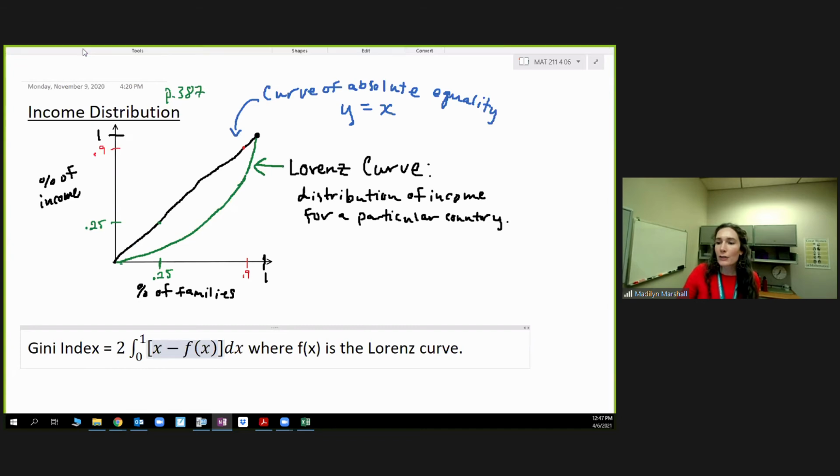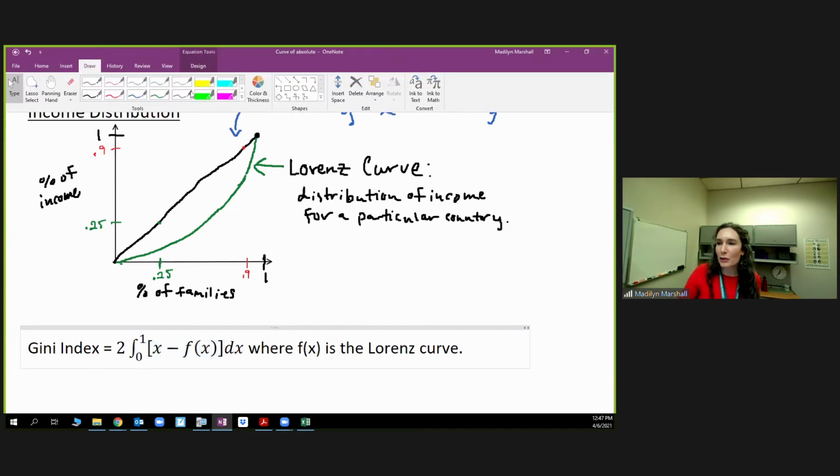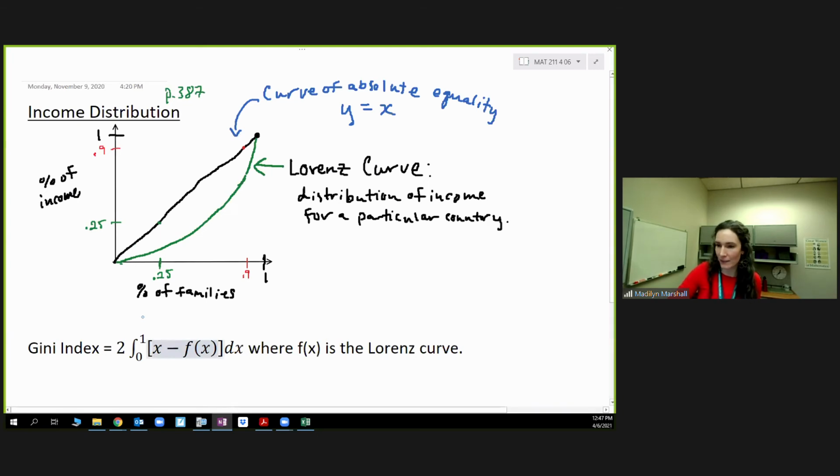So if we ignore that 2 for just a second, just this integral, that's exactly what we have been doing in our previous examples today.